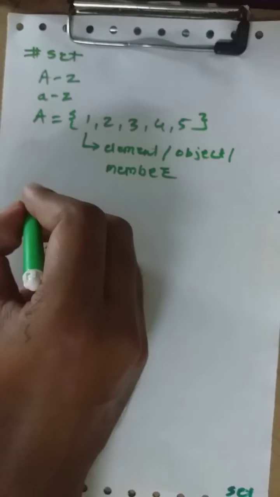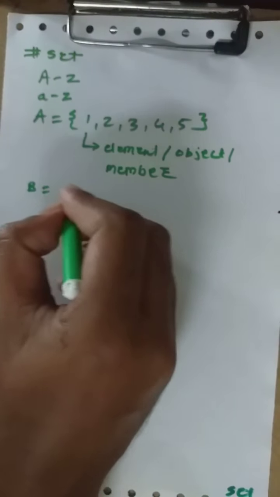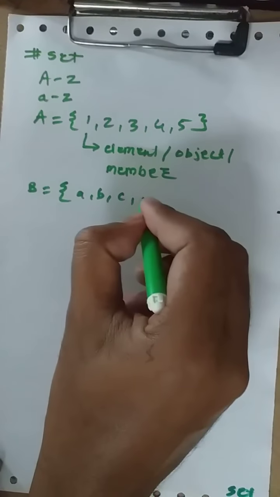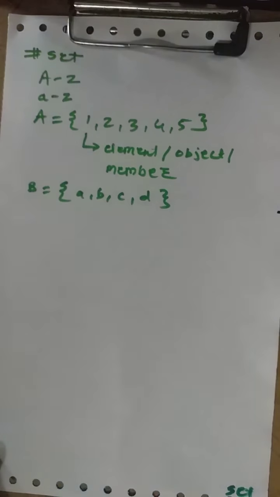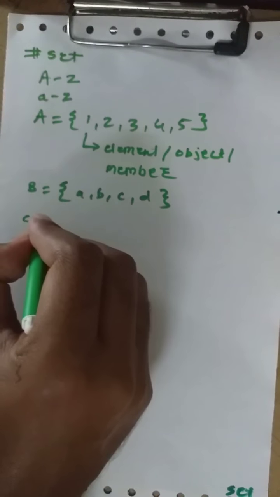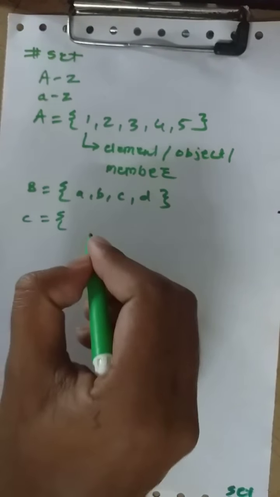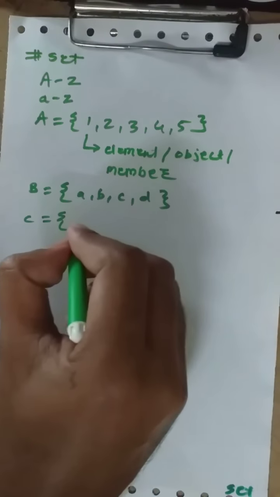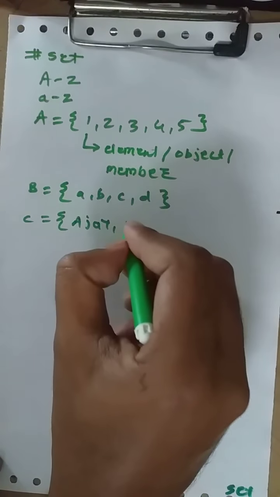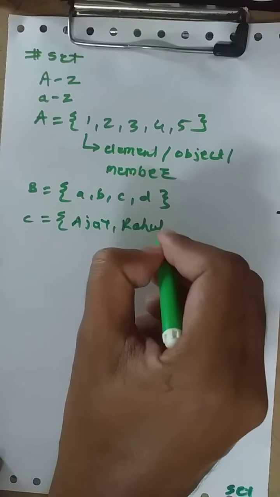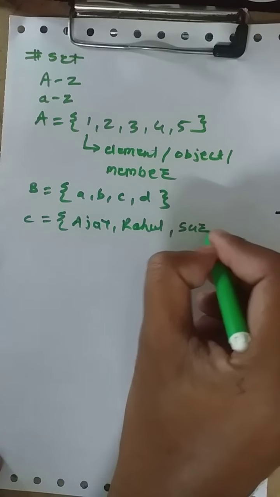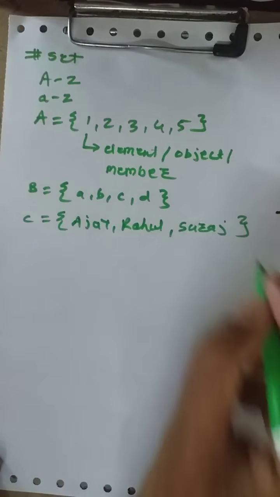Again we can say that set B is equal to a, b, c, d. Consider the next set C is equal to, for example, Ajay, Rahul, Suraj.